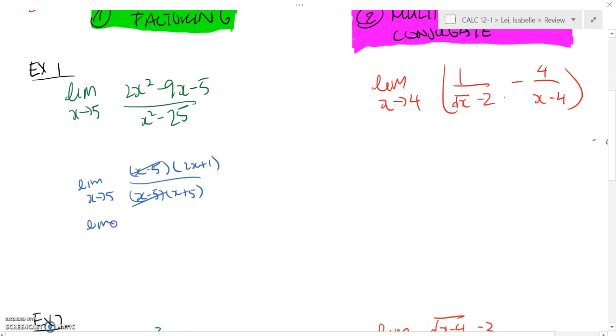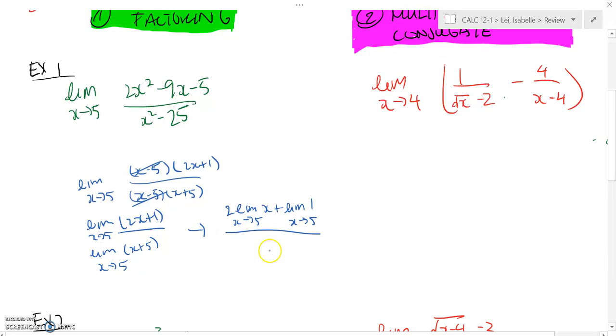So this becomes the limit of 2x plus 1 as x approaches 5, all over the limit of x plus 5 as x approaches 5. And then using the constant multiple law and the sum law, we can rewrite this as 2 times the limit of x plus the limit of 1 as x approaches 5 on top, all over the limit of x as x approaches 5 plus the limit of 5 as x approaches 5.